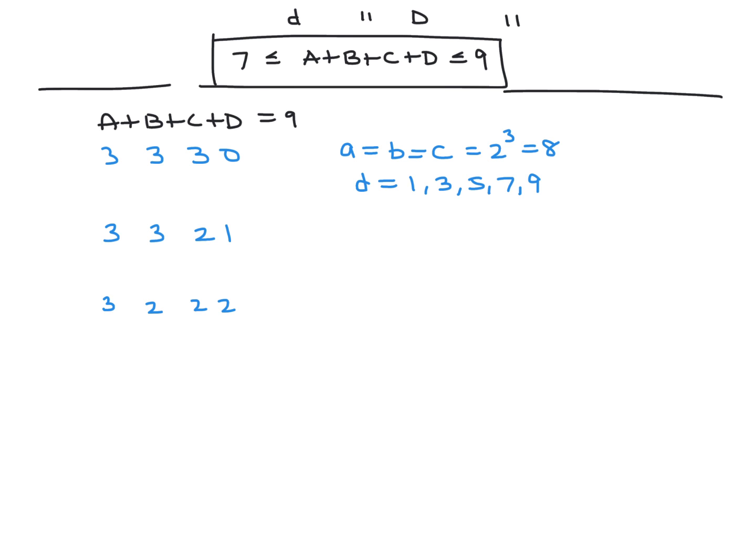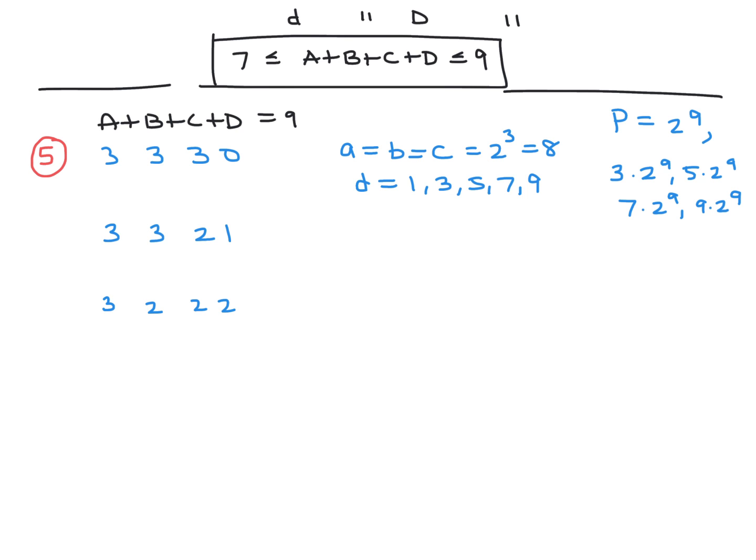And therefore P, if you multiply them all together, would be either 2 to the power of 9, or 3 times 2 to the power of 9, or 5 times 2 to the power of 9, or 7 times 2 to the power of 9, or 9 times 2 to the power of 9. So therefore that's 5 values. So the number of values I'll put here, 5.